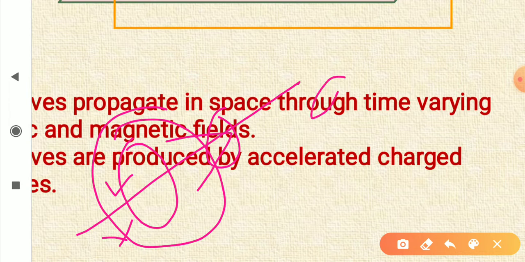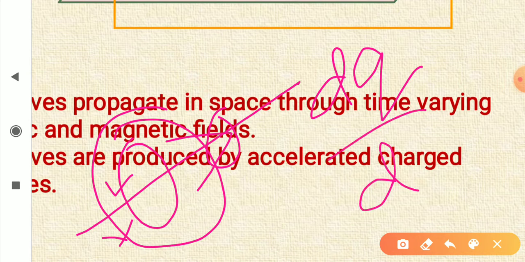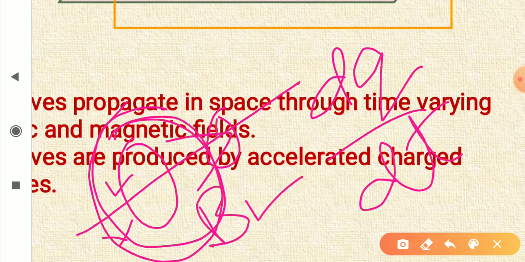Rate of flow of charge, dq by dt. So, if the charge is accelerating, the magnetic field around the conductor will be a changing magnetic field. And you know that when a magnetic field changes, magnetic flux changes and electric field is produced. Induced EMF is there.